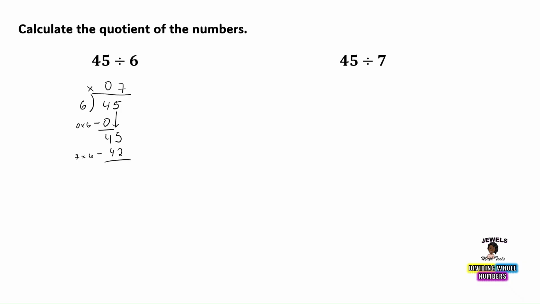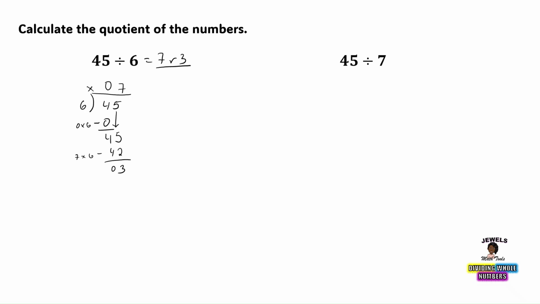And when 45 subtracts 42, we will get the difference of 3. So when 45 is divided by 6, we get the quotient of 7, remainder 3.